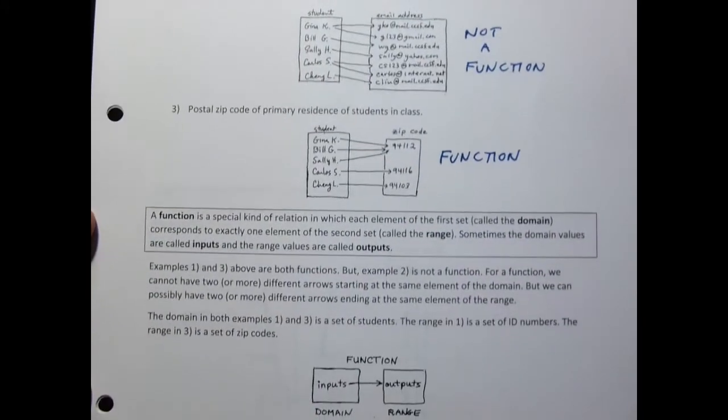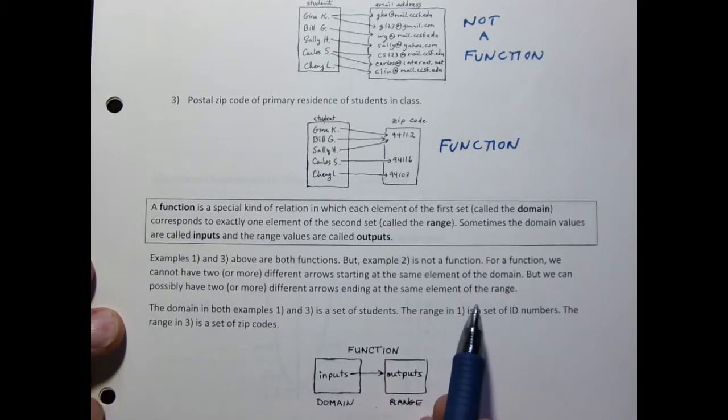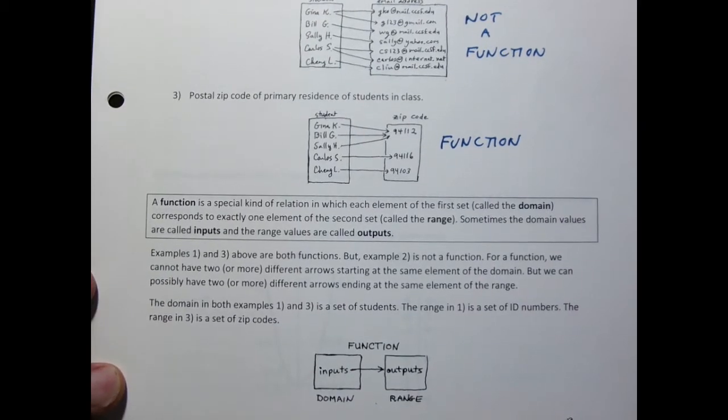So moving down the handout here, I think we've just talked about the information in these last couple of paragraphs. So just another picture to look at. For a function, the domain is the first box, the range is the second. The domain contains inputs, the range contains outputs.